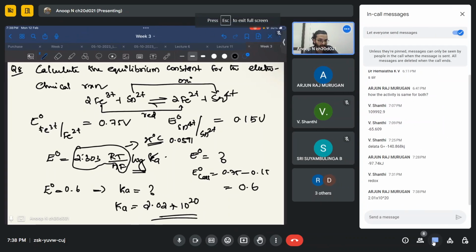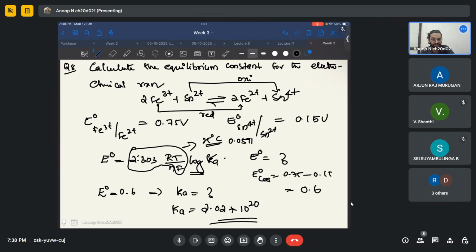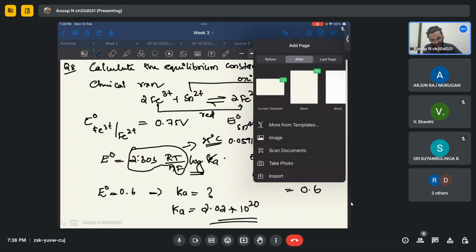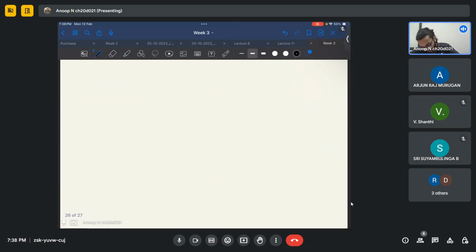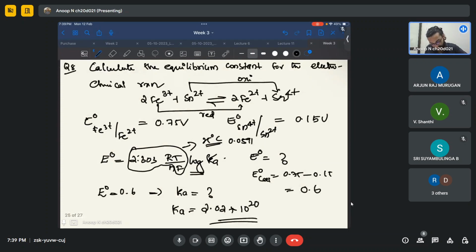What about others? Are you all getting this answer? So we have E0 is equal to 2.303RT by nF log K, right? What is the number of electrons involved here? Two.